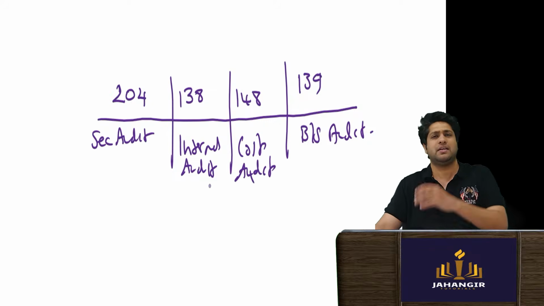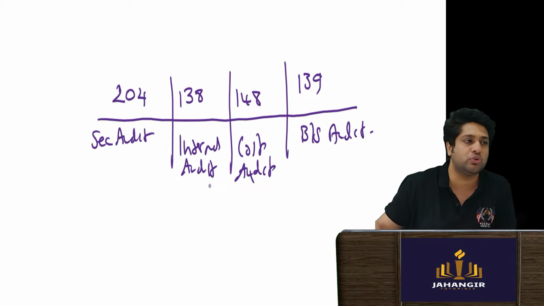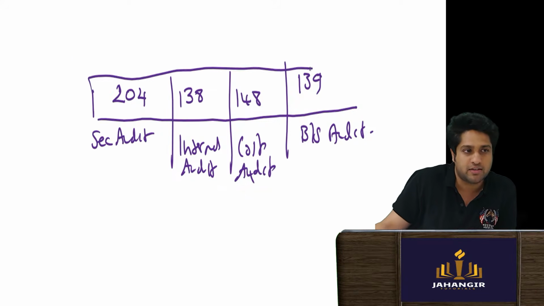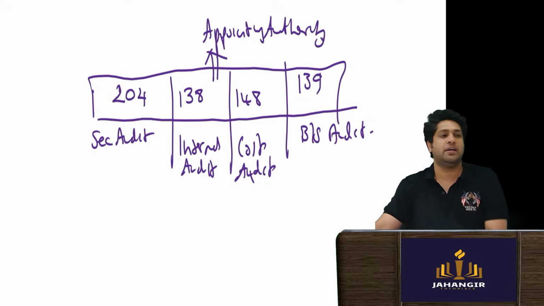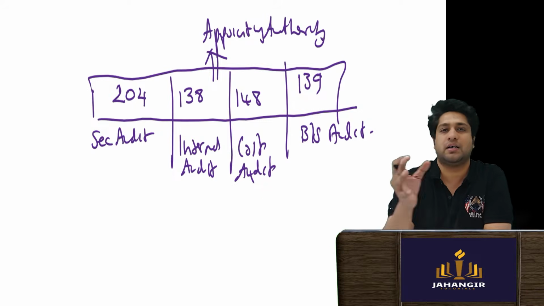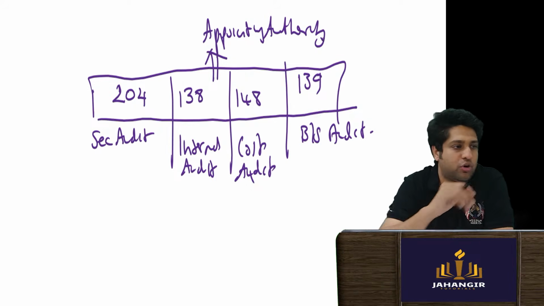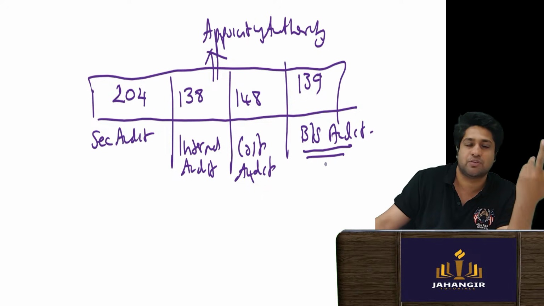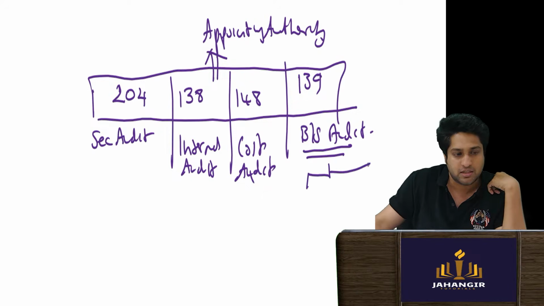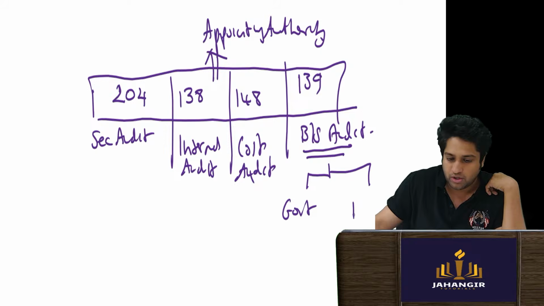Yes sir, very simple. Once you know the type of audit, you will figure out who the appointing authority is. Obviously, the appointing authority under section 139 differs. If you read section 139, you should know whether it is a government company or a non-government company.